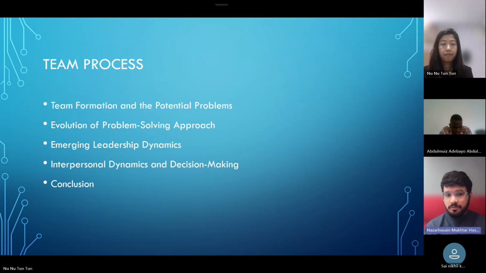Our problem solving approach for complex issues was to break them into smaller, manageable tasks. Each member contributed their unique expertise, whether it was technology, marketing, or operations. This allowed us to work more collaboratively and come up with effective solutions.